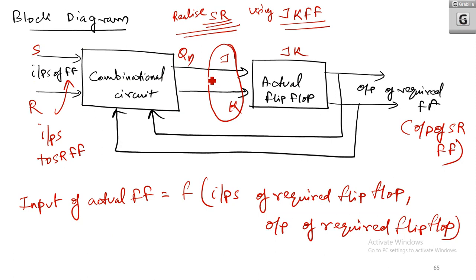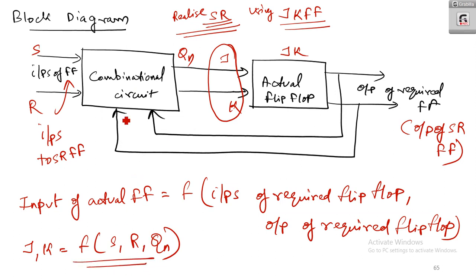If I consider this example, you need to write J and K as a function of S, R and the output of the flip-flop, QN. This function is implemented using a combinational circuit. That is how we convert one flip-flop into another flip-flop.